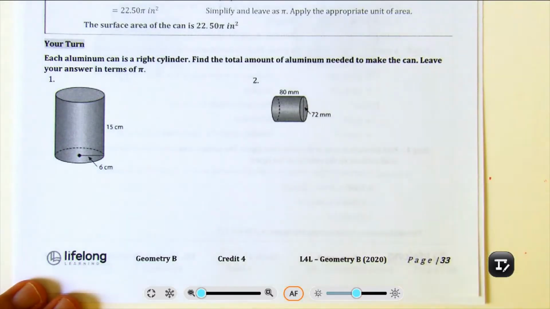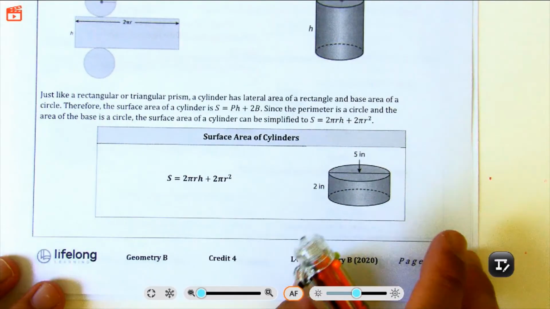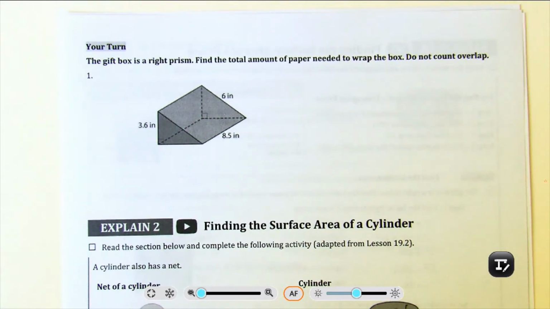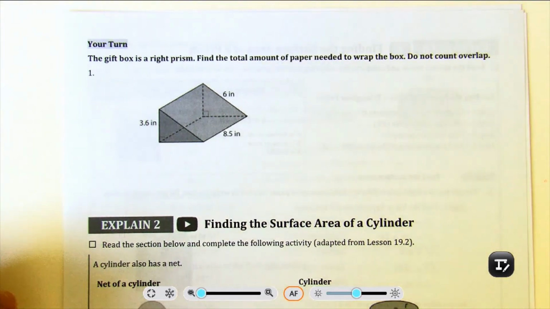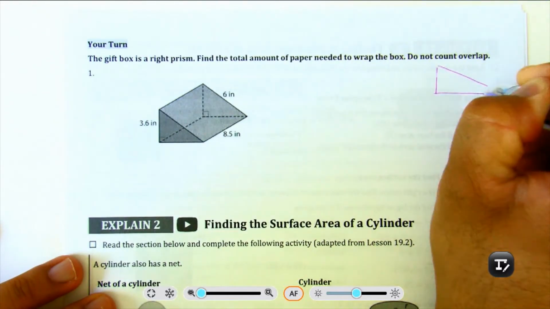Then next we're going to work on one example together. To start, I'm going to draw a triangle to the side, because that's going to be our base. All of the triangles in these problems are going to be right triangles.